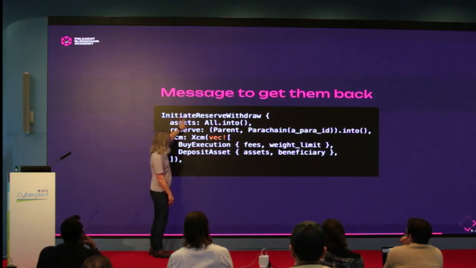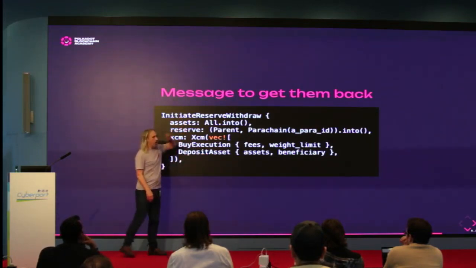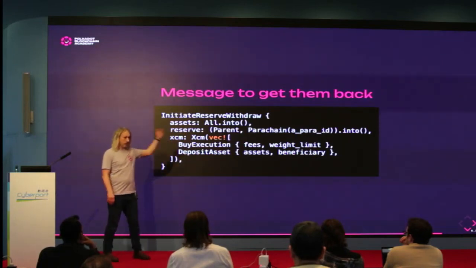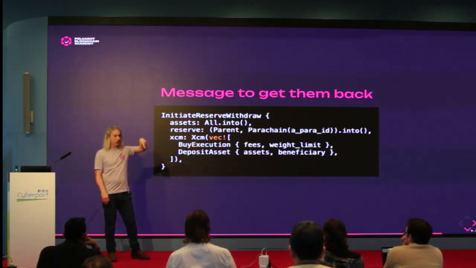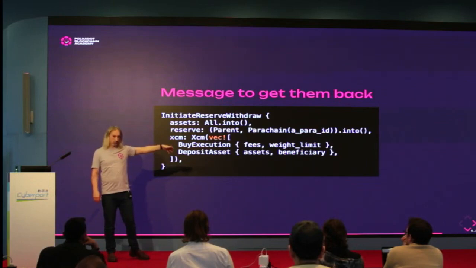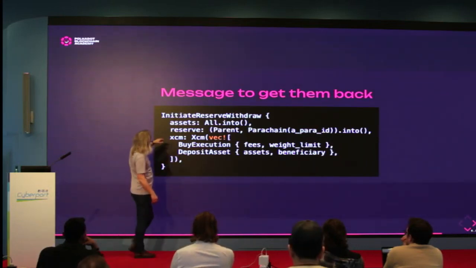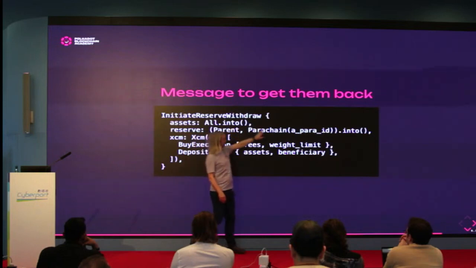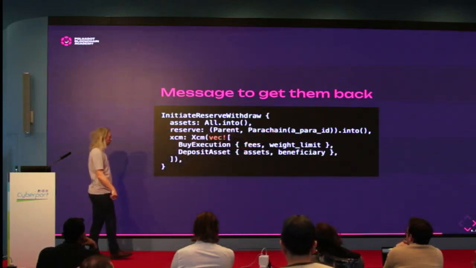What this instruction is doing is it's saying, get rid of those from the holding register. I am asserting that they are wrapped assets, i.e. that there is a reserve that we know about sitting somewhere that holds the real ones on a one-to-one basis. Here is the reserve. In this case, it's the parachain that we came from, up parent down parachain.